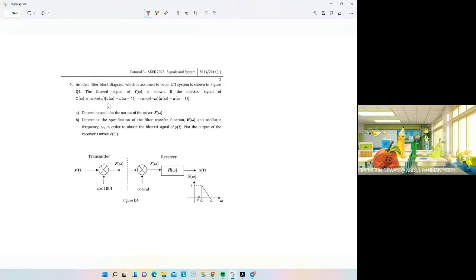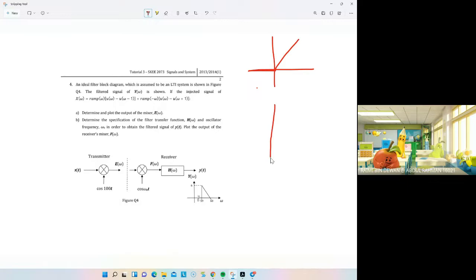So first you have your rem signal, and then you have U of omega, omega minus 1.